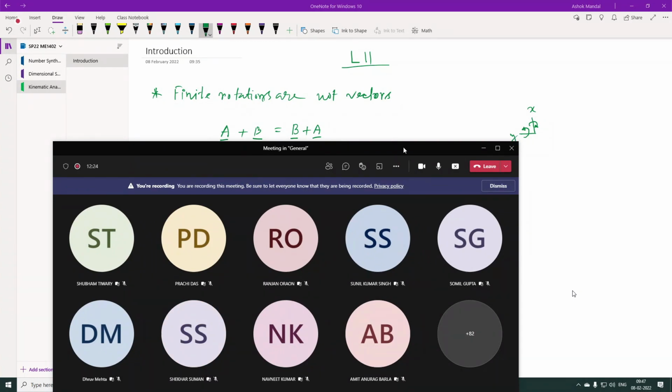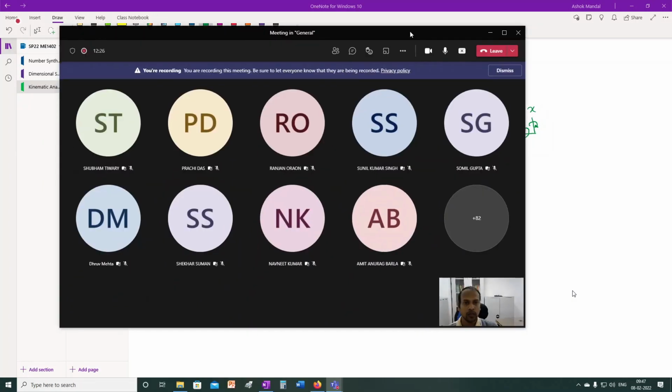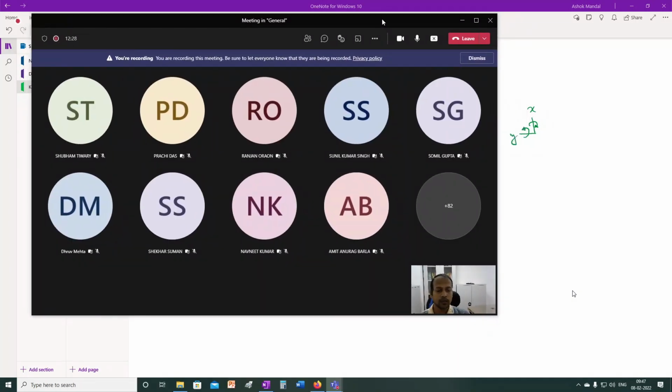On the other hand, you can do a simple experiment with very small rotation. I take this pen, and all of you can do this experiment. If you do, then you will understand. So first, again, let us give the rotations about the same axes, but this time we will give very small rotations.